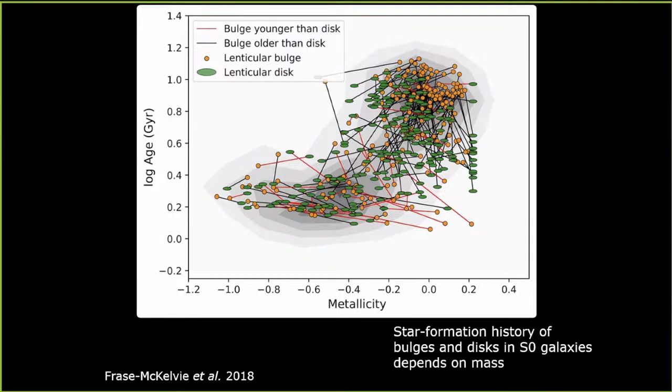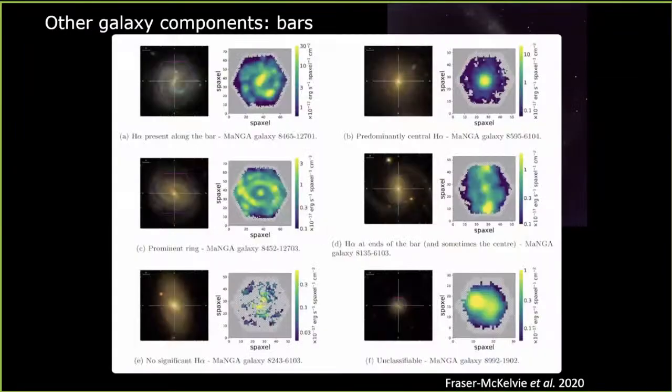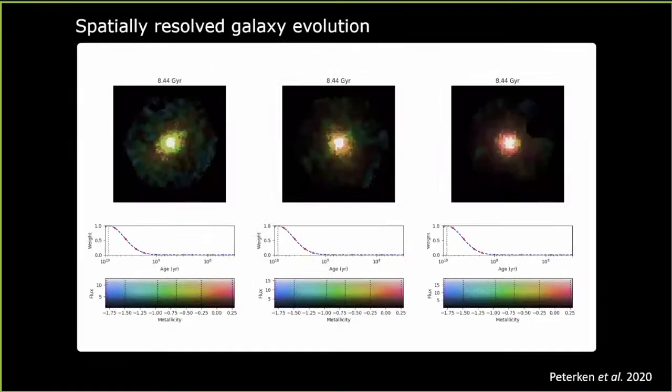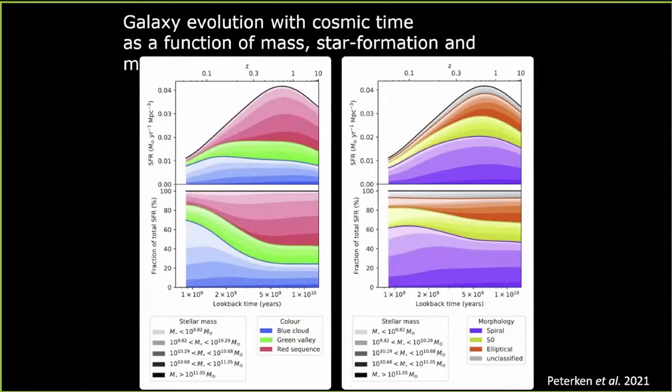So first of all, the mass will prevent gas from being removed and make star formation quenching more difficult, and you need another mechanism. That mechanism could be something like AGN activity that may happen in massive galaxies. Sorry for driving you mad with all these things, but let me get to the one that I want to show. If you look at the star formation history of these galaxies as a function of morphology, the more massive ones, the greeny things here, did their business earlier at quite high redshift.